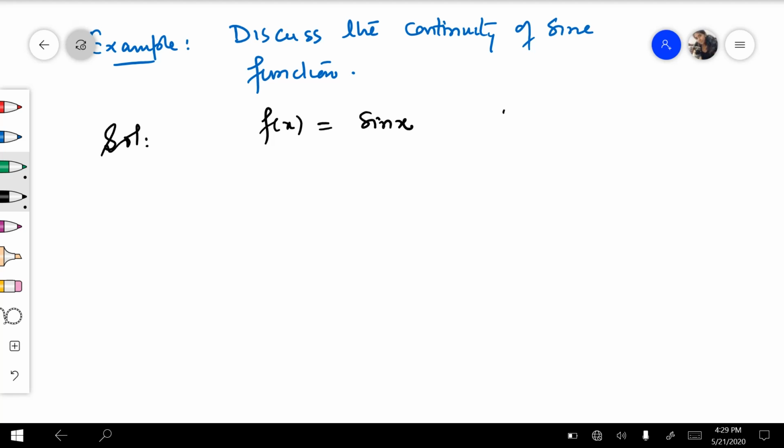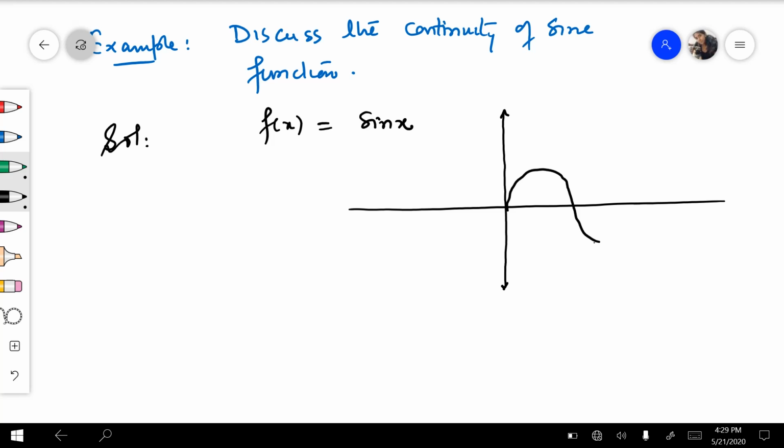And in our class 11th, we have seen that the graph of the sine function is a sort of wave having the maximum value 1 and the minimum value -1. And you can easily observe that this function is without a break or a jump or a hole.